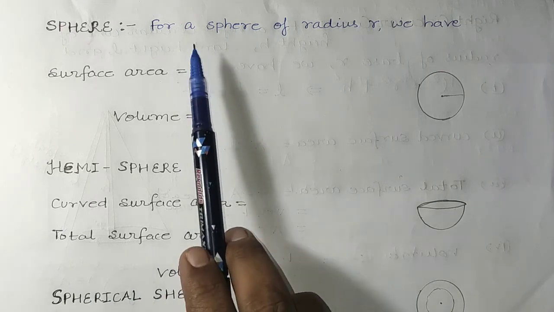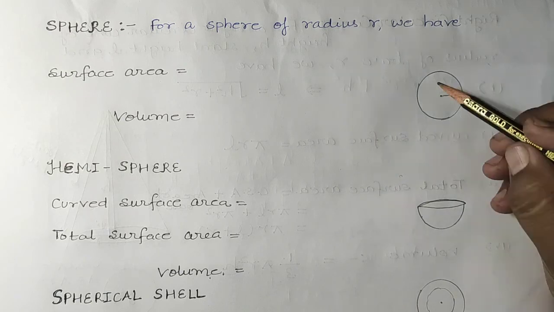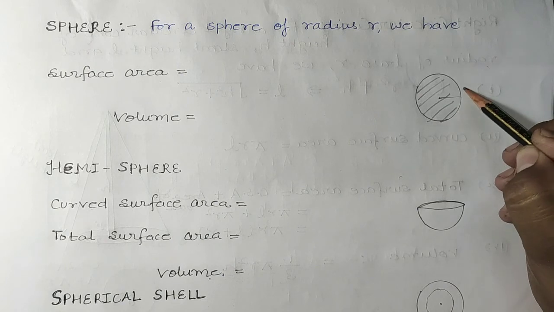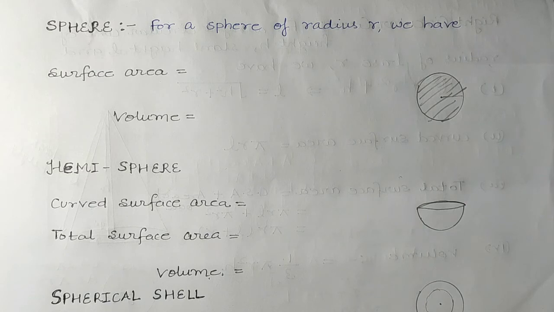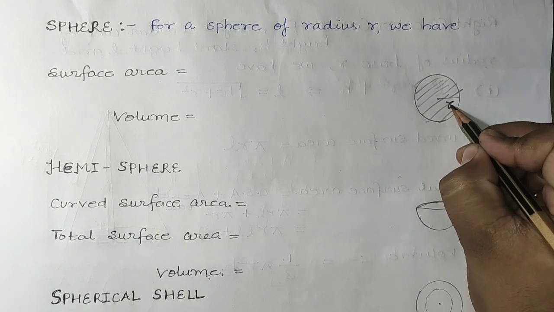So here I have written that for a sphere of radius r, we have, okay, this figure I have made, from which we can understand the sphere. See, this is a solid, spherical in shape, and the radius of this sphere is r.